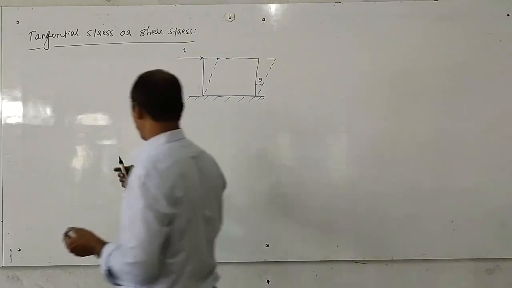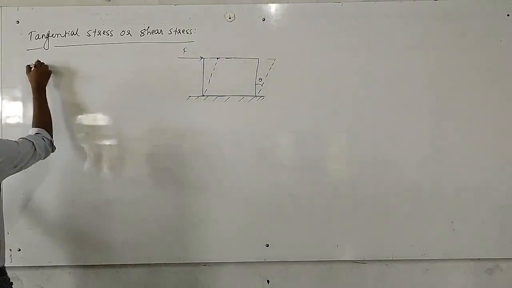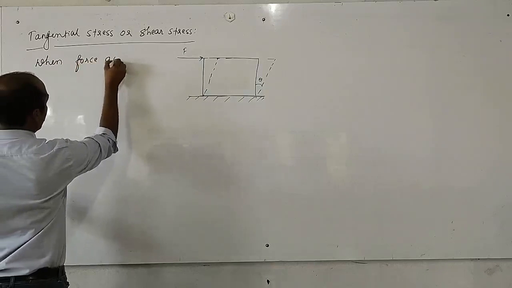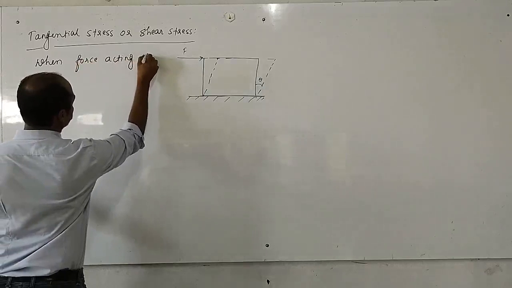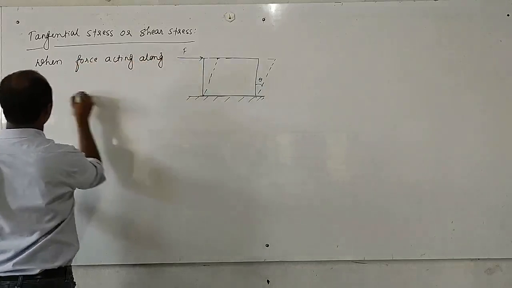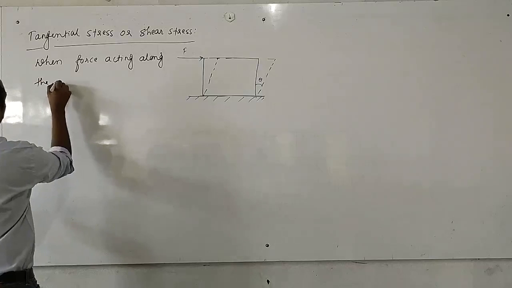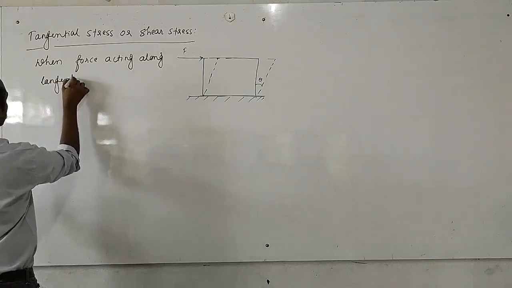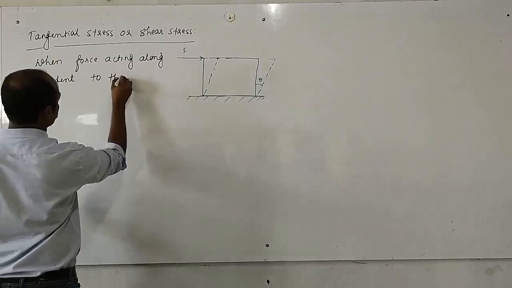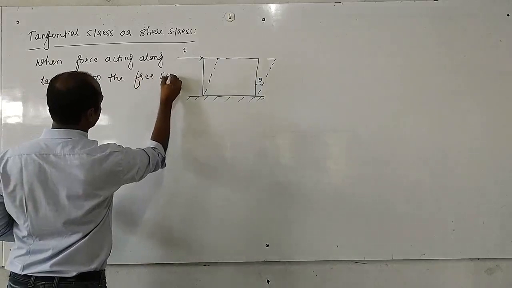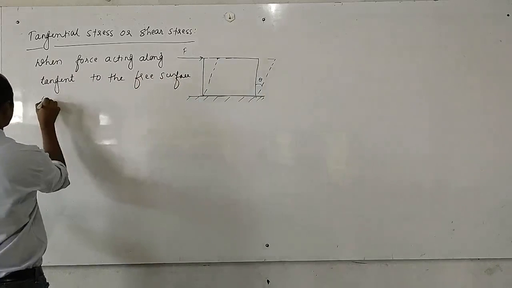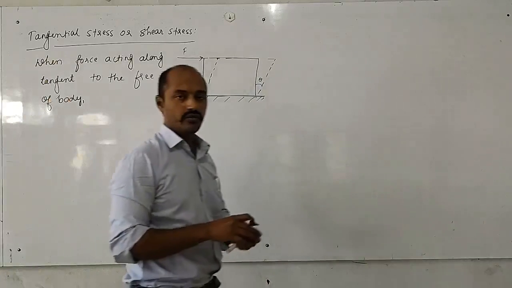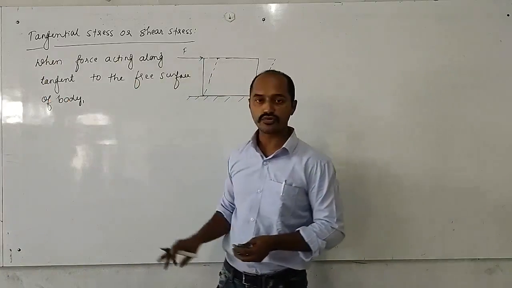So restoring force due to this tangential force per unit cross-sectional area is tangential stress. Right? So here I write first what is tangential force: when a force is acting along the tangent to the free surface of the body. That is the definition of tangential force, right?